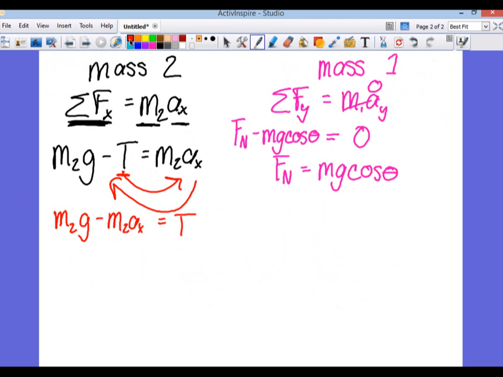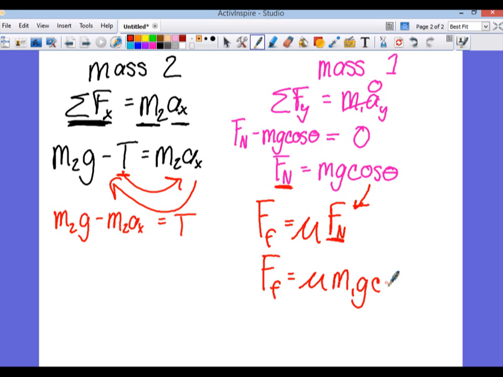So at this point, I know I often have the normal force in my force of friction, and by often I mean all the time, because the formula for the force of friction, F friction, equals mu times the normal force. This is an equation that you will be given, but I like to put it down here because I know there's a normal force here, normal force here. I'm just going to plug that in right here.